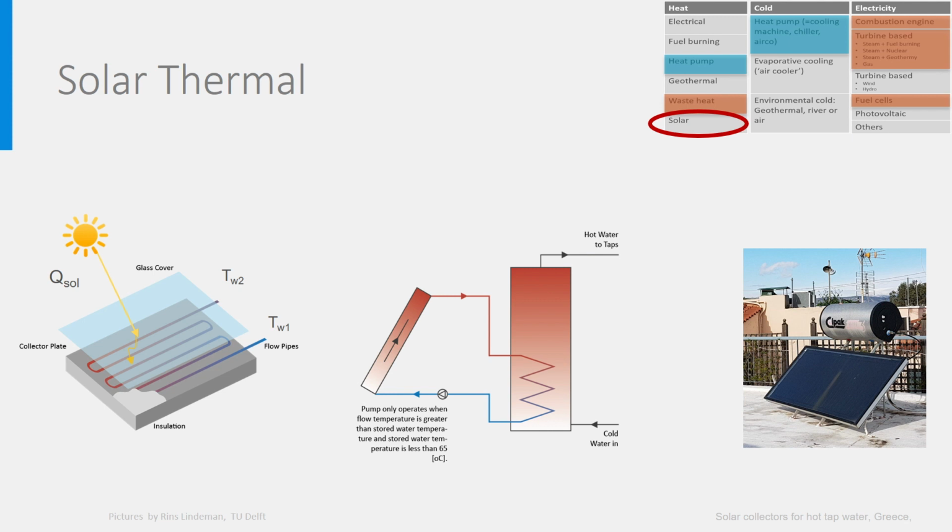Real simple and effective. If the application is for hot tap water rather than for space heating, care has to be taken that, especially in large tanks, the water can be heated once a week to 65 degrees to kill the Legionella bacteria. If that is not possible with the solar collector, an additional electrical resistance can be used.